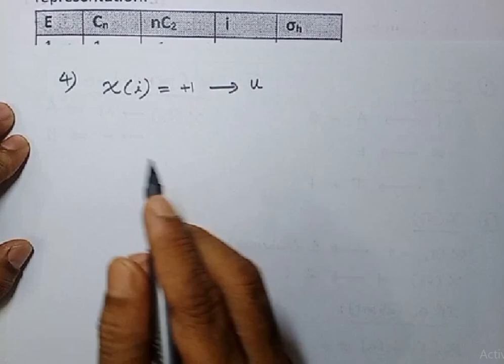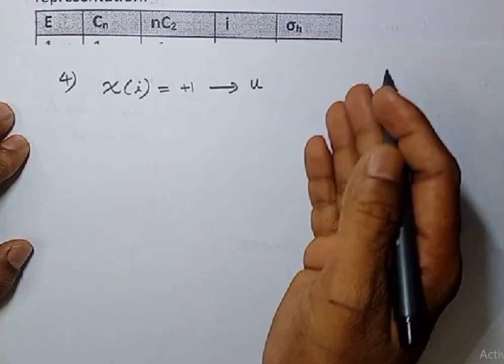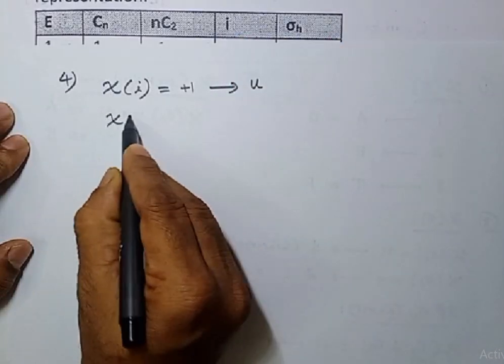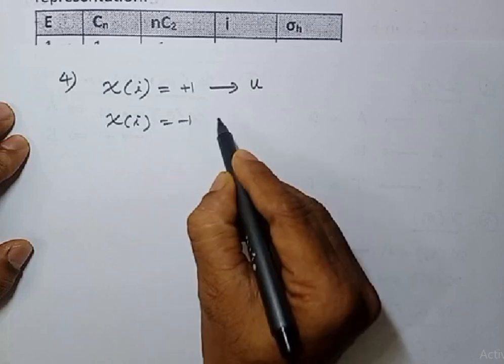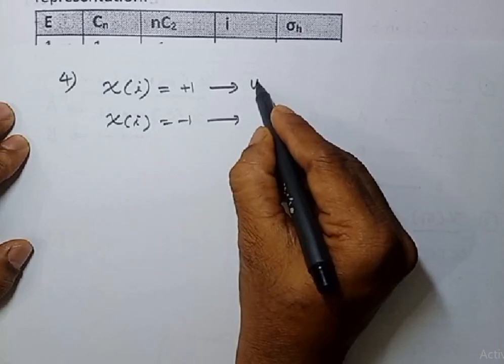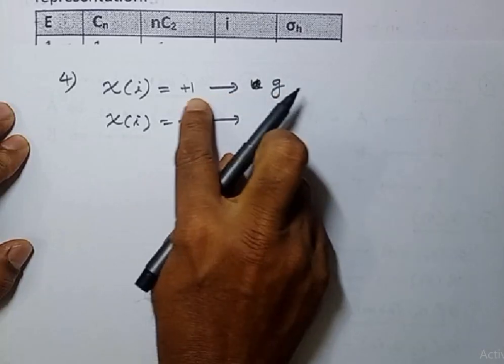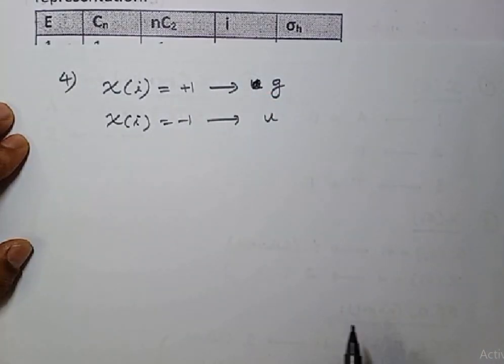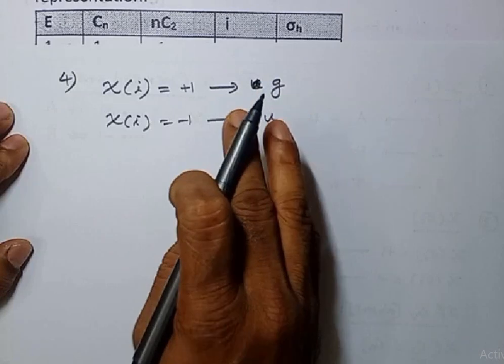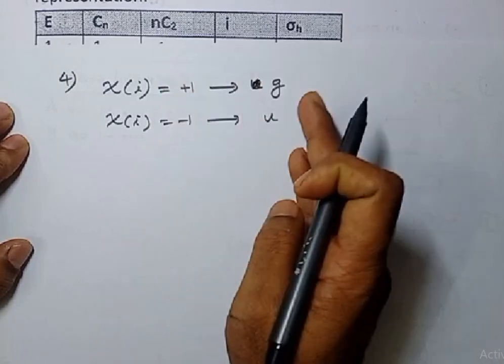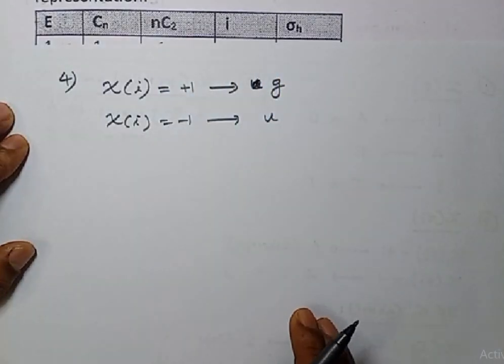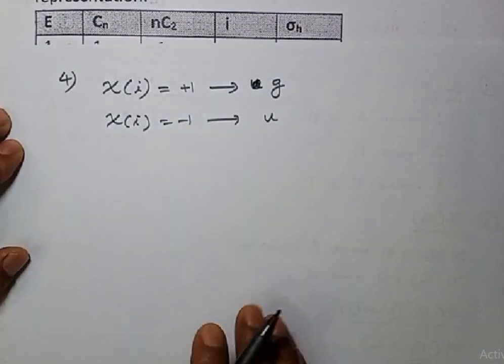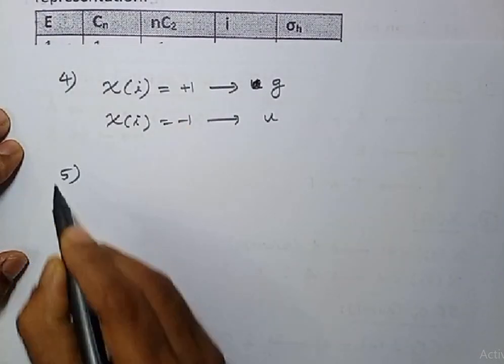I'm very sorry, I made a mistake. +1 means gerade, -1 means ungerade. And the gerade, ungerade symbol should be placed in the right hand side subscript. So don't forget.